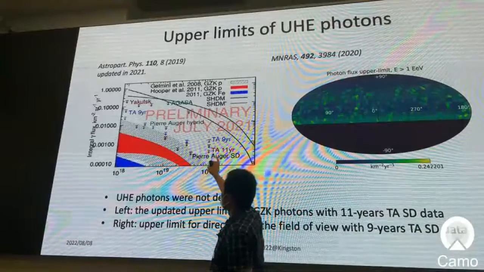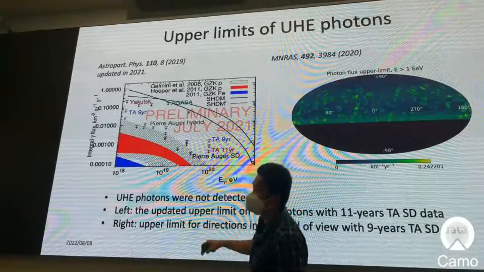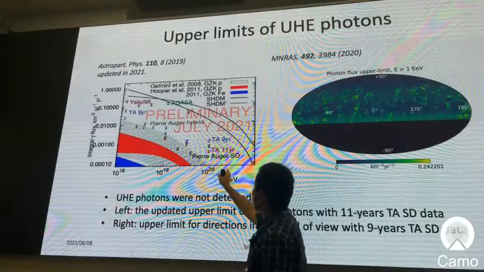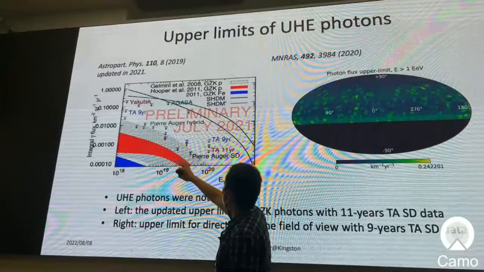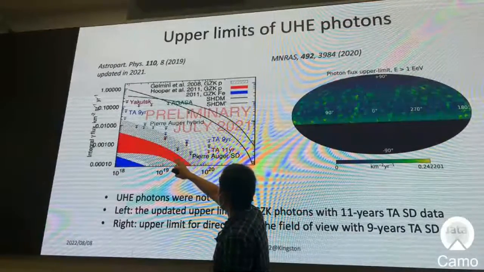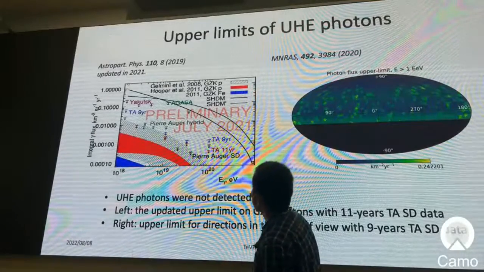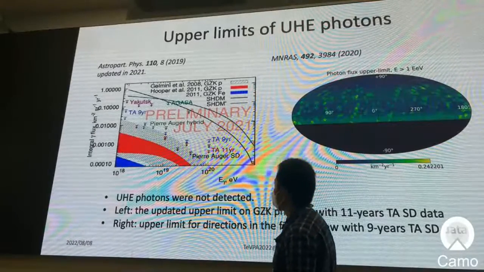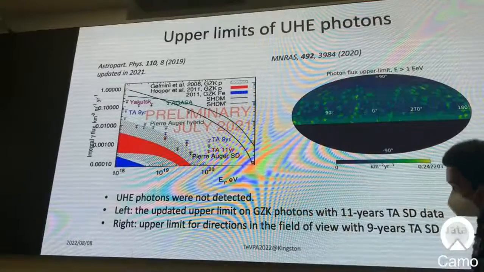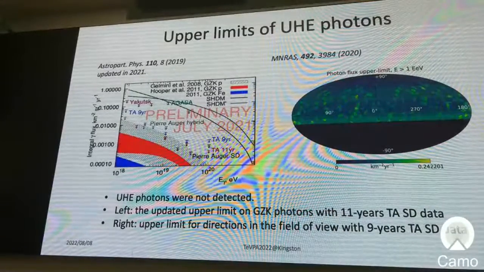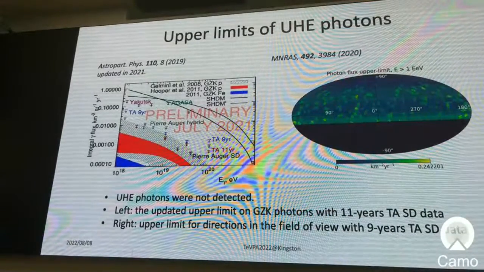It's a result using TASD 11 years. And this is the expectation using some astrophysical model. And we are updating the upper limit like this.